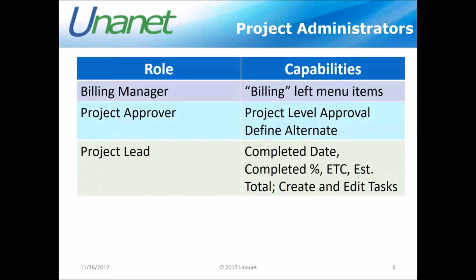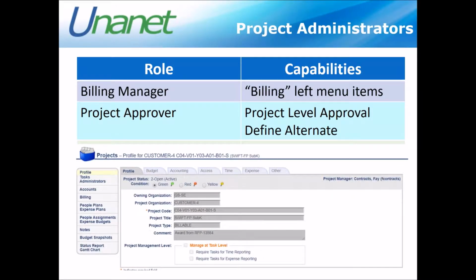You can update an estimated total, and then you can actually create and edit tasks under a project, but you can't edit the things that are at the project level. So that's where you end up seeing that view of the project profile where there are lots of grayed out fields. You can read the information, but you're not able to enact any changes upon those pieces.